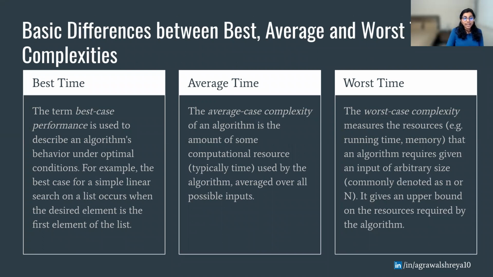For average time complexity, as the name suggests, it is the average time that could be taken by an algorithm to perform those computations. That means in any typical situation, how many computations will be required, or how much time it will take to get the desired result, is considered average time complexity.